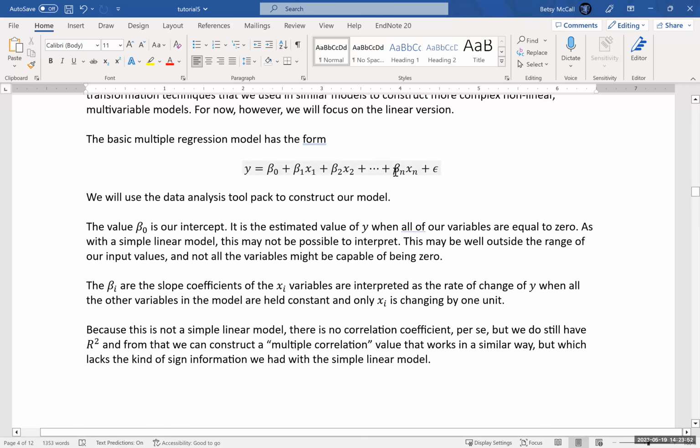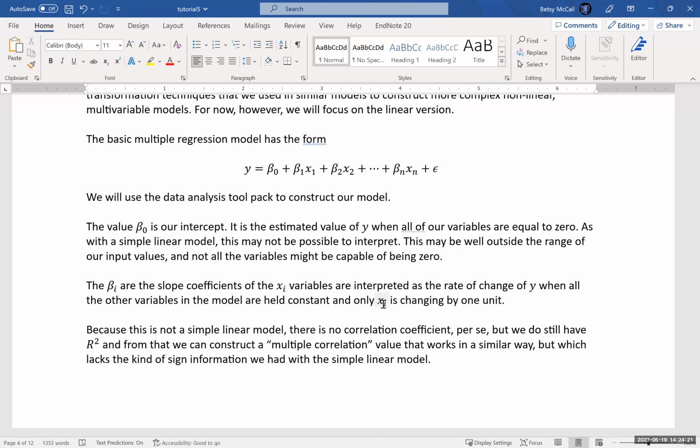In terms of the remaining beta coefficients, the beta sub i are the slope coefficients for the x sub i variable. So beta 1 goes with x1, beta 2 goes with x2 typically. And essentially what this means is that if we hold all of the other variables in the equation constant, then the value of y will change by this coefficient amount when the corresponding x value increases by 1.